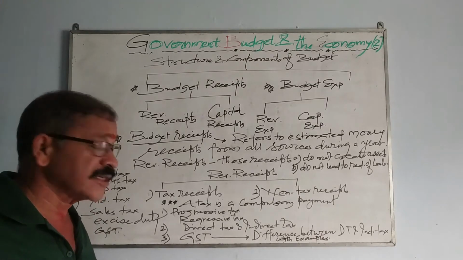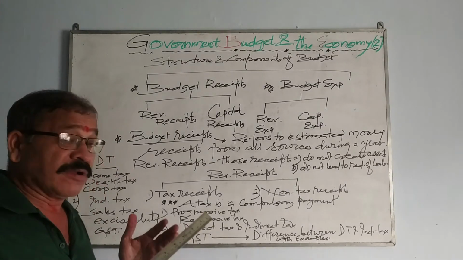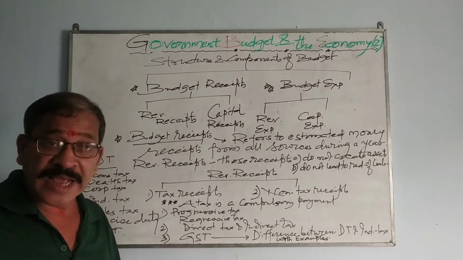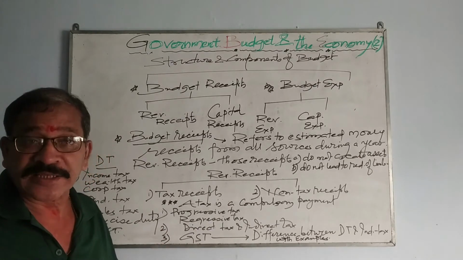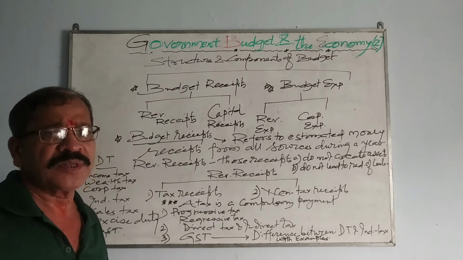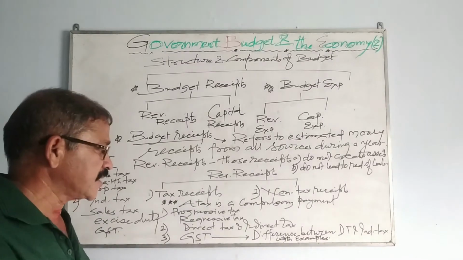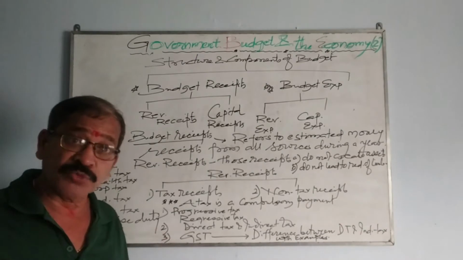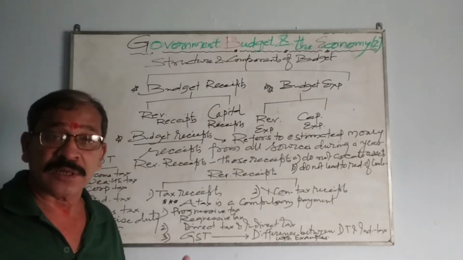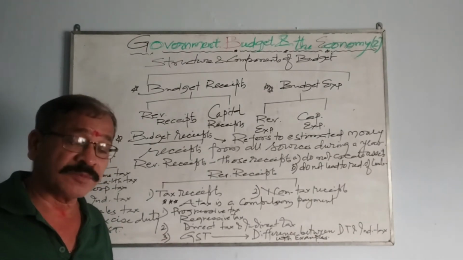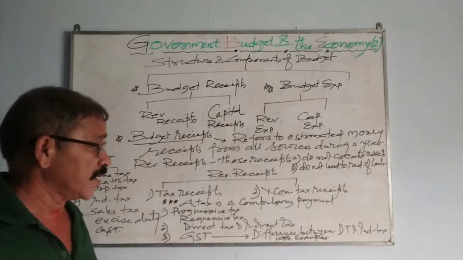What are tax receipts? Before we go into tax receipts, first we should know what tax is. Tax is a compulsory payment to be made by individuals, households, firms. Everyone has to pay tax.